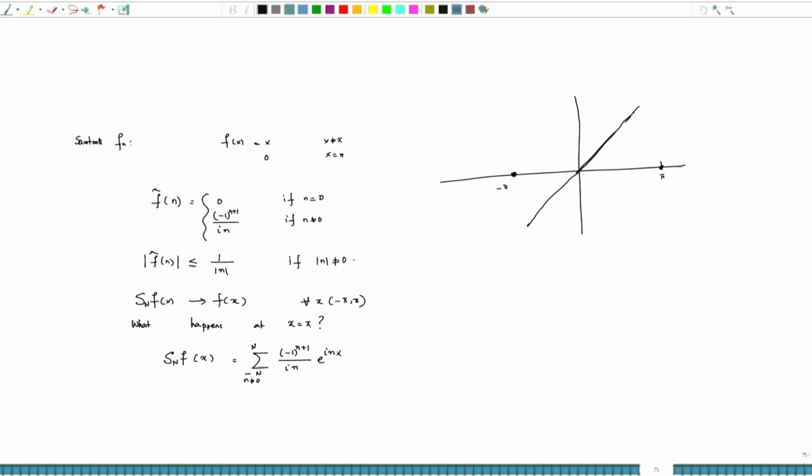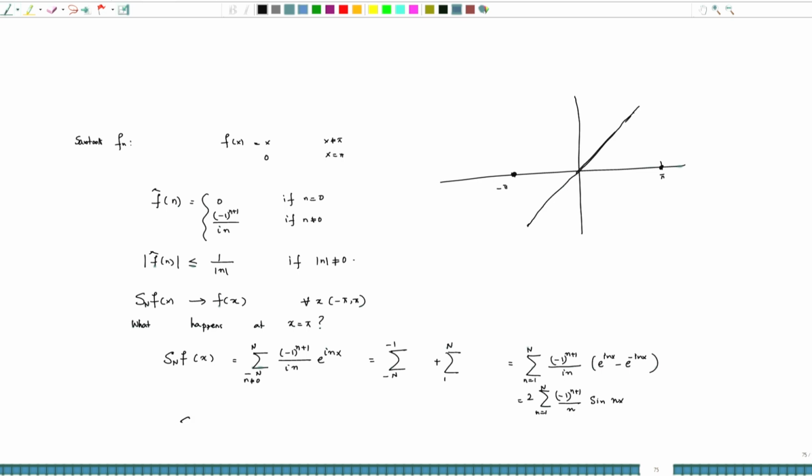Now, break the sum into the negative and positive integers, that is, from minus N to minus 1 plus 1 to N. Then this is the summation from n equal to 1 to N of minus 1 to the power n plus 1 divided by i n times e to the power i n x minus e to the power minus i n x. Now this is equal to 2 i sin n x. So this becomes 2 times the summation from n equal to 1 to N of minus 1 to the power n plus 1 by n times sin n x.